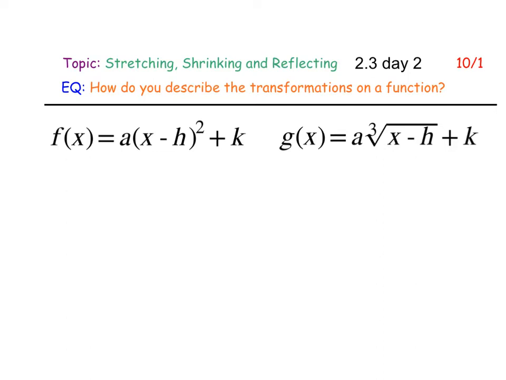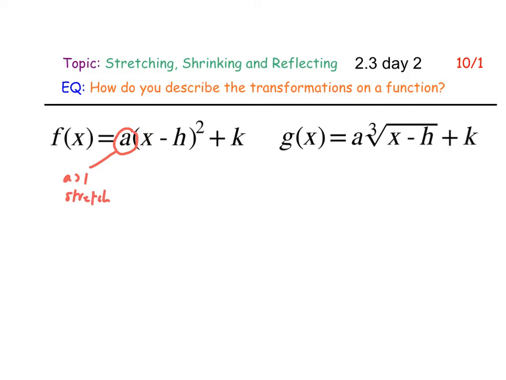So A is our multiplier, and it is by far the one that people get the most confused about because it has two jobs, and so you really got to be careful about that. One of the jobs is that if A is greater than 1, that is going to be your vertical stretch.